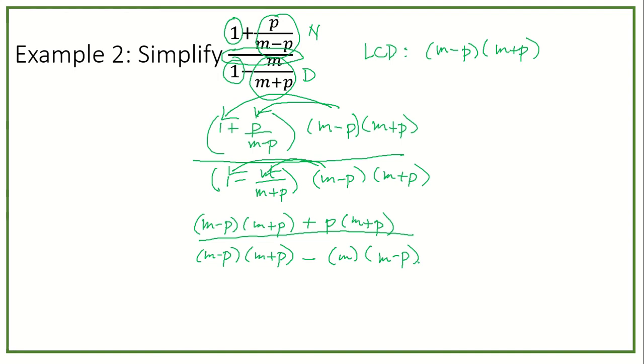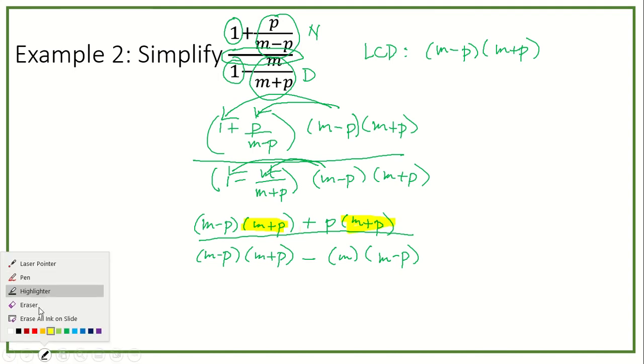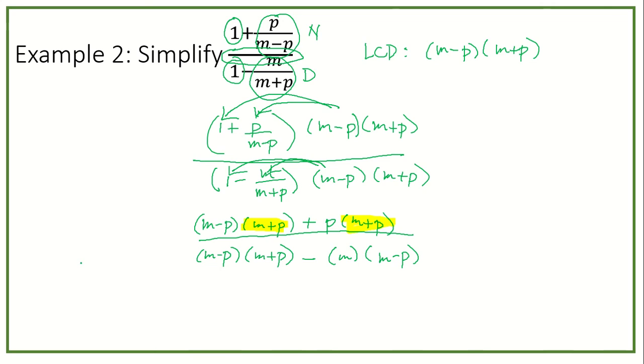Okay. Now, if you look at this one, may common sila. Sa numerator, may common factor sila, m plus p. Okay? So, pwede natin yang i-factor out. So, that would just be m plus p outside. So, kumbaga, i-factor out natin, yung matitira na lang, m minus p and then plus p.